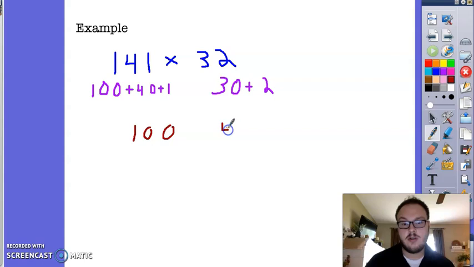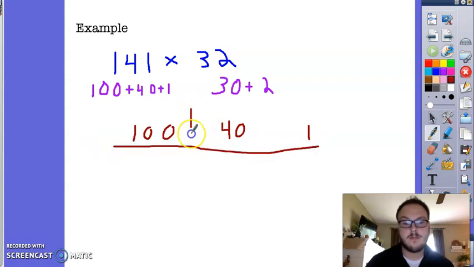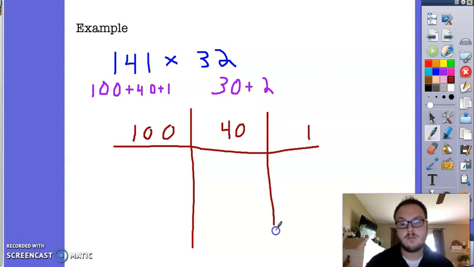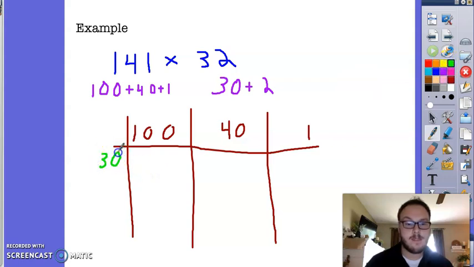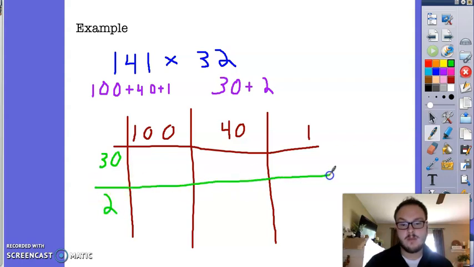So I have 100, 40, and 1. And then I'm going to have 30 and 2. And now we can start finding our partial products.